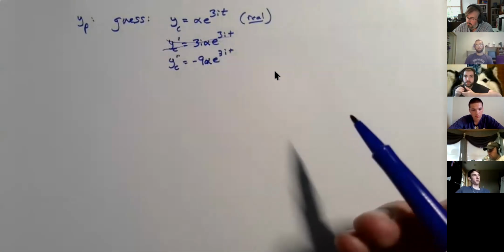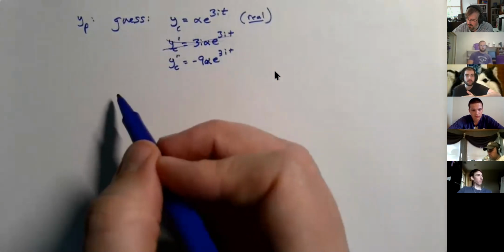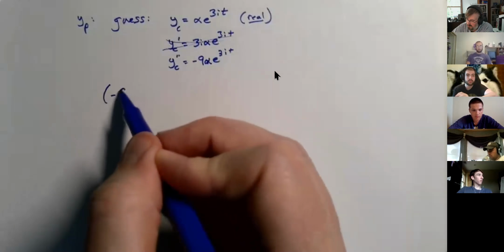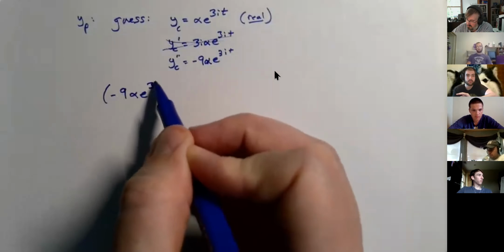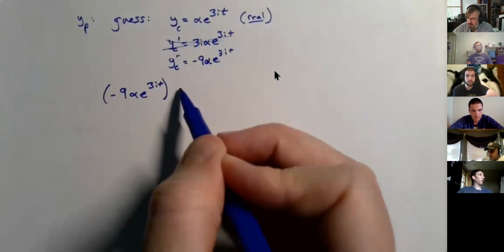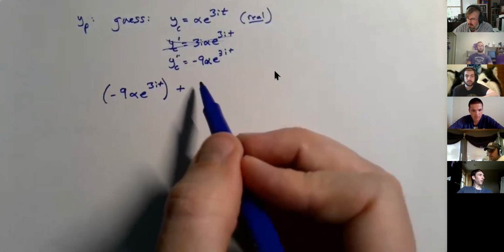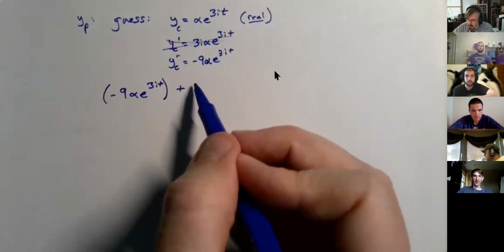We don't need it. Cool. So our differential equation, the left-hand side, remind me, was y double prime. So that would be -9 alpha e to the 3it. And then what's the second term? It should be plus, where to go? One second. The original, so alpha e to the 3it.